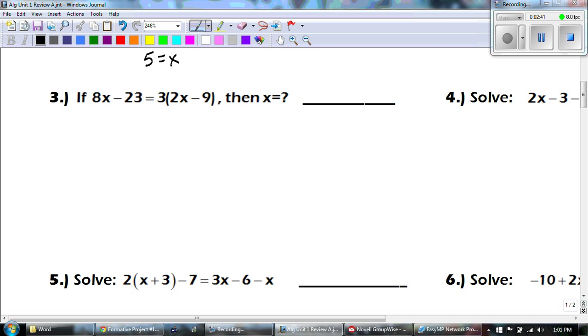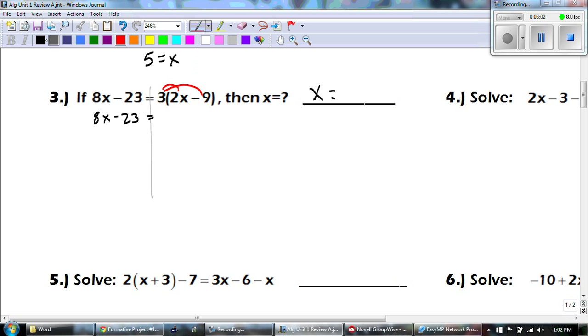Okay, number 3. 8x minus 23 equals 3 parentheses 2x minus 9. So once again we got to figure out, hey, what does x equal? On the left side, there's not a lot that we can do, but on the right side, I can distribute 3.